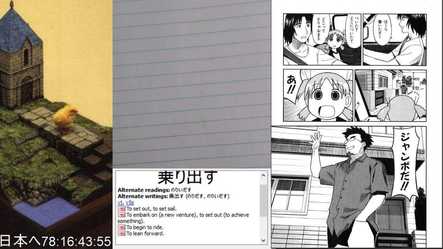Like, ja, I got. What's the fourth character? Bo. It's Ja, and then the dakuten makes it bo.